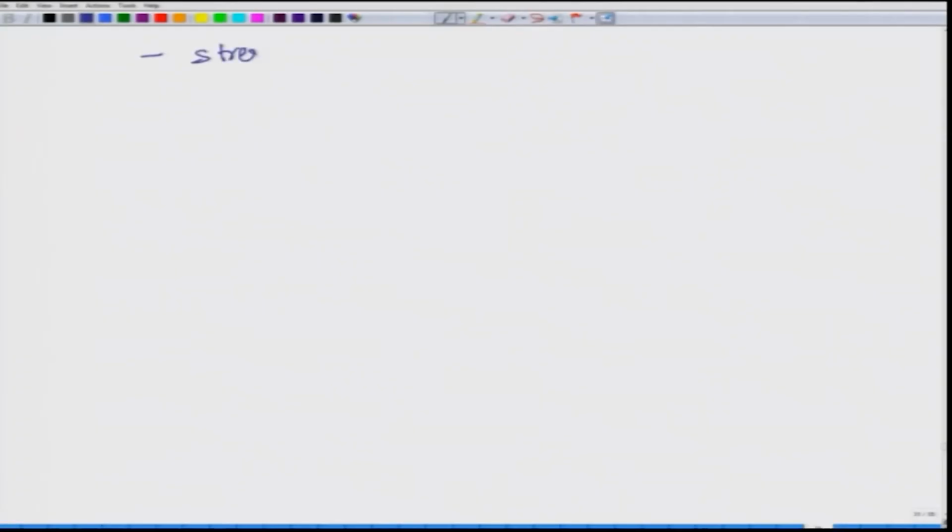So, now what are the important points that we can note down regarding the stress and strain field around an edge dislocation? One, the first and foremost is that the stress field has both dilational, or normal, as well as shear components.